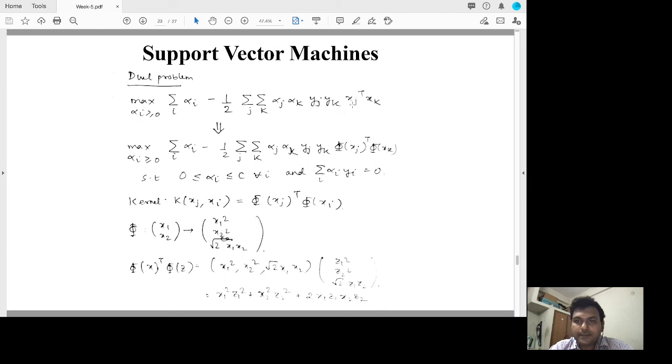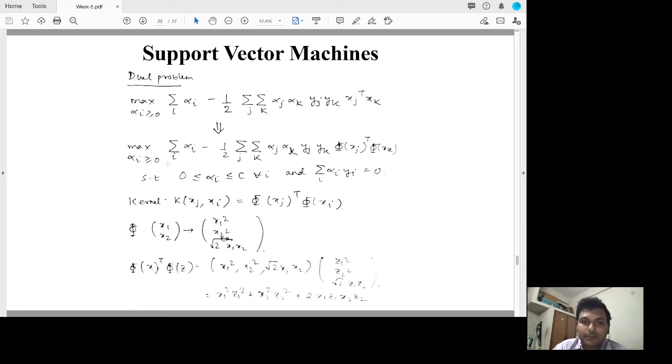So you can convert xj into the higher dimensional space by means of phi of xj, and convert xk to the higher dimensional space, phi of xk, and do this dot product. So why are we even saying this? We are still doing the same thing. Well, we will not do the same thing finally.